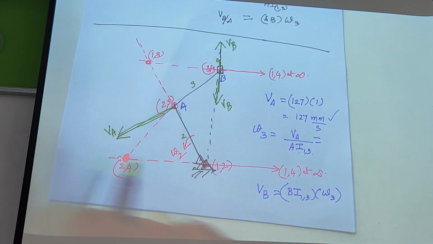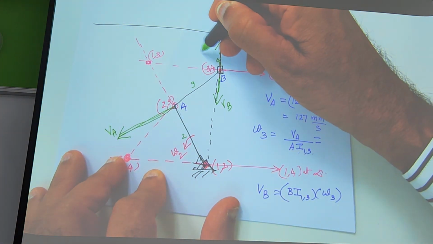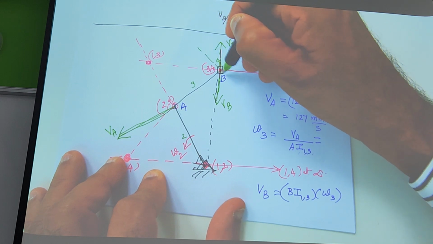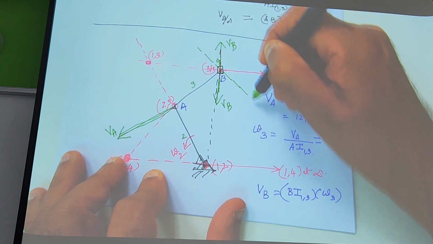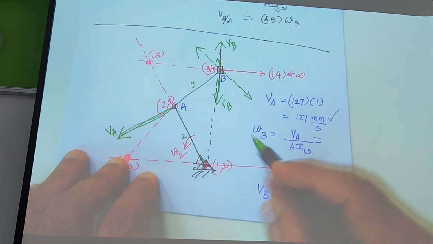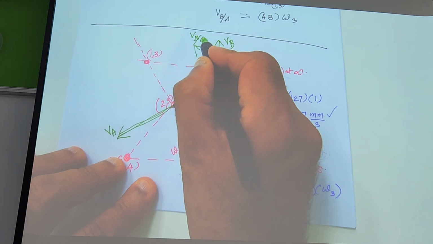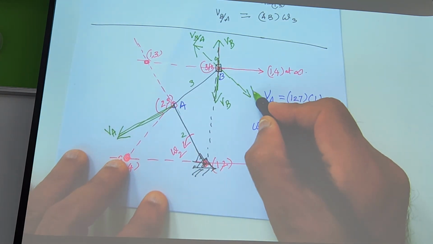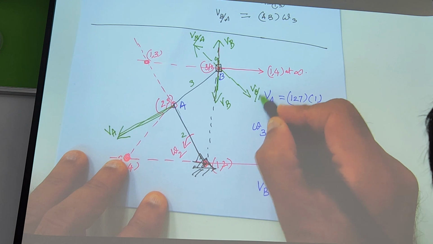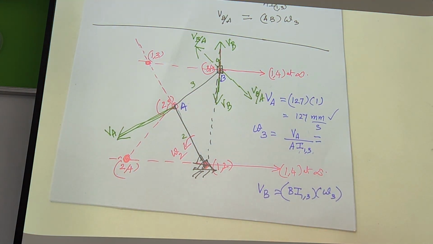Then velocity B to A will be perpendicular to link BA, so it will be like this. So the direction for VBA is both.